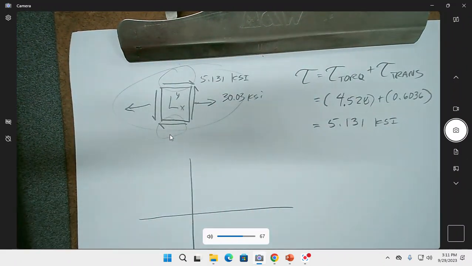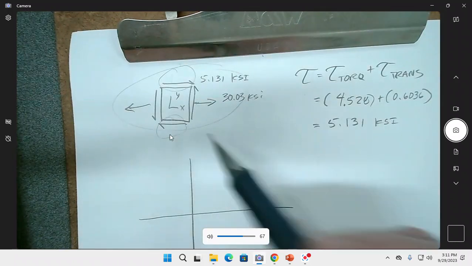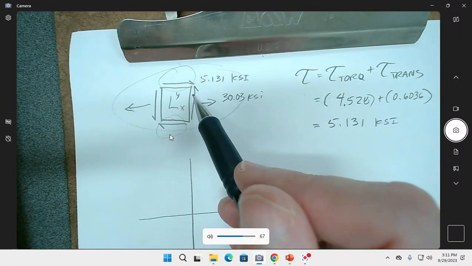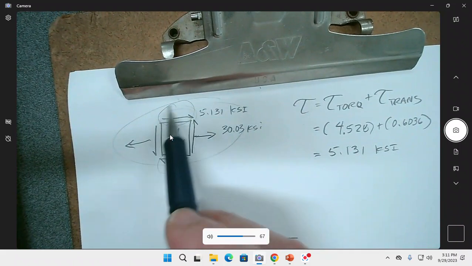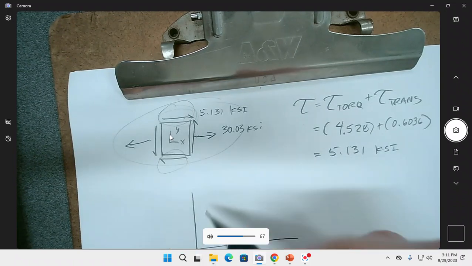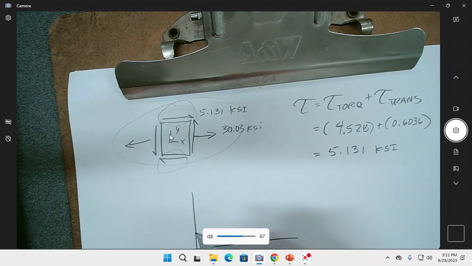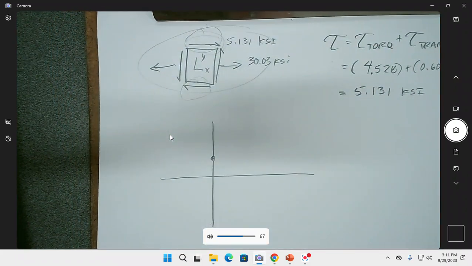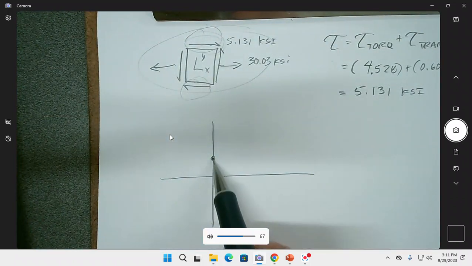It sounds like it's on a unicycle, but it's not, though it would be funny if it was. On this face right here, there's 0 normal stress, but you're going clockwise. So you would put that point right there. Nothing in the normal, so it ends up on this axis.